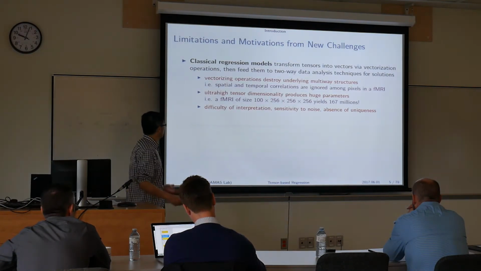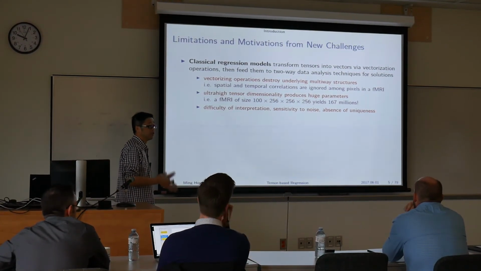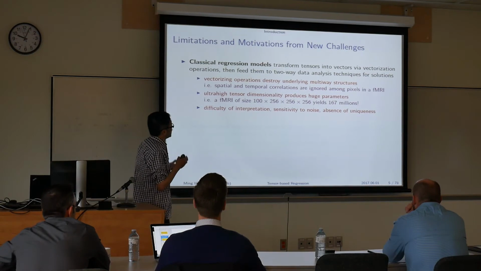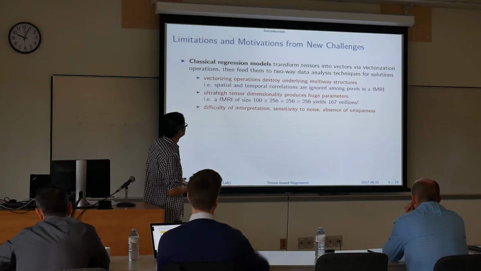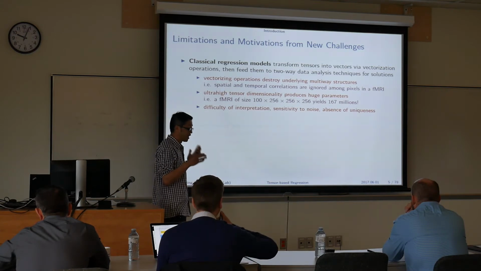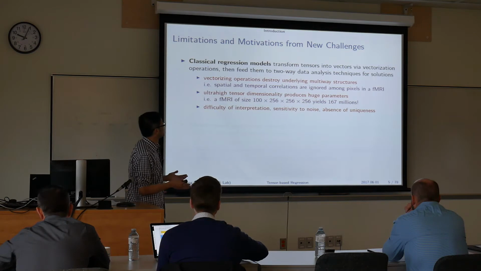However, the primary reason why these classical regression approaches fail to handle tensor regression tasks is that the data contain multivariate structure information that cannot be captured by vector-based regression models.